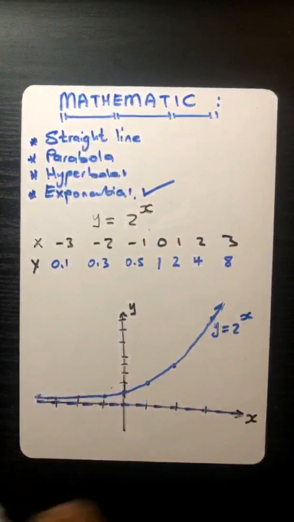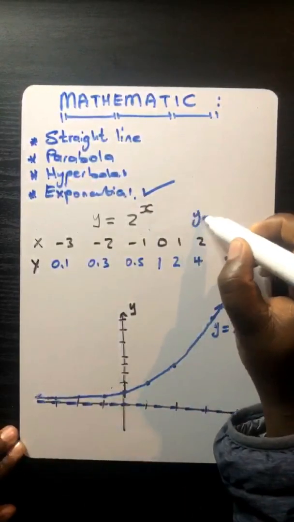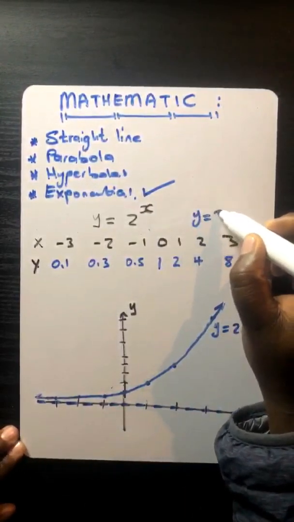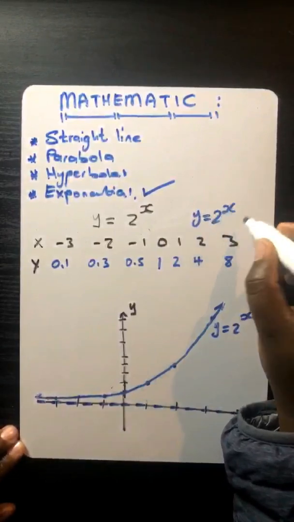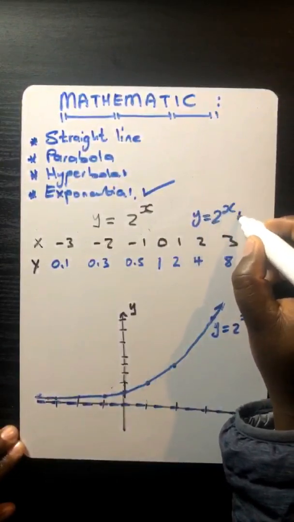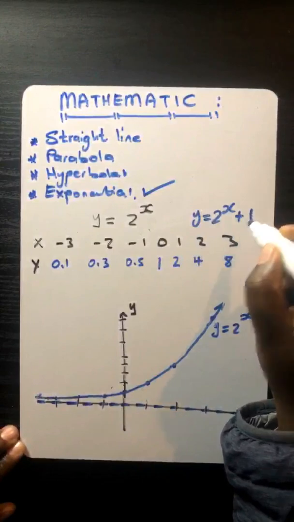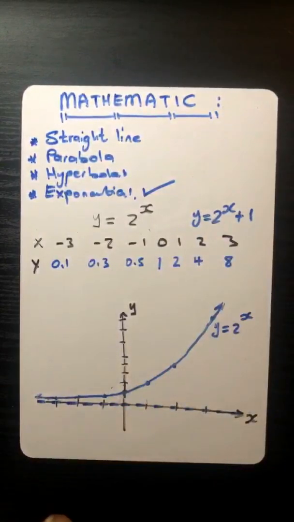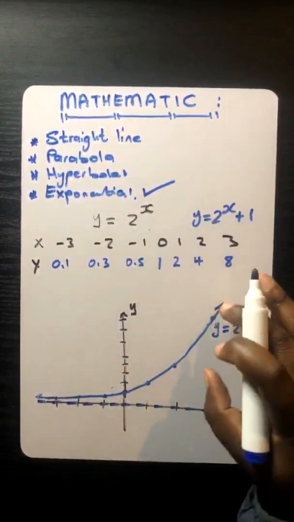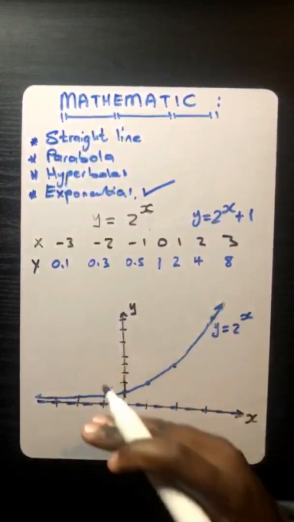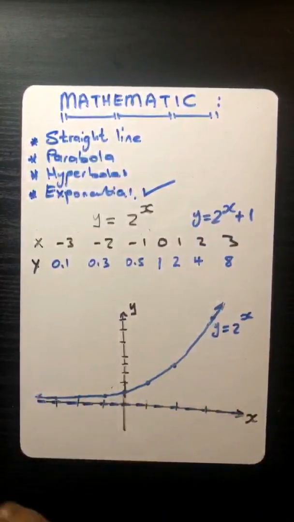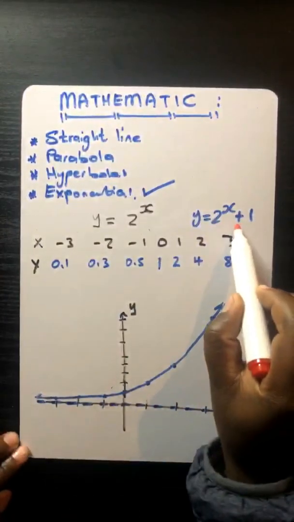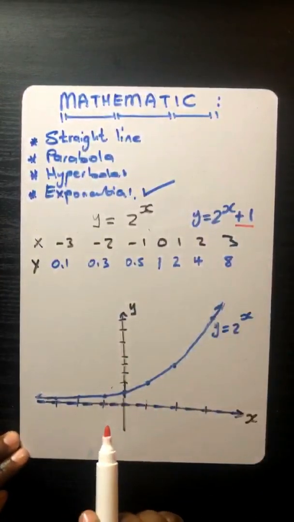Let's say, for example, now they want us to sketch y equals the same thing, 2 to the exponent x, but this is now, let's say, plus 1. So when it's plus 1, the whole thing now shifts upwards by 1 unit. Can you guys now see that this is now your new asymptote?